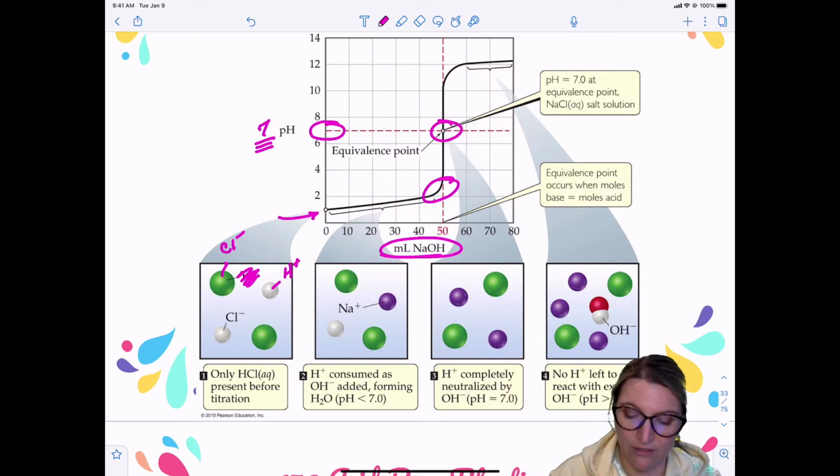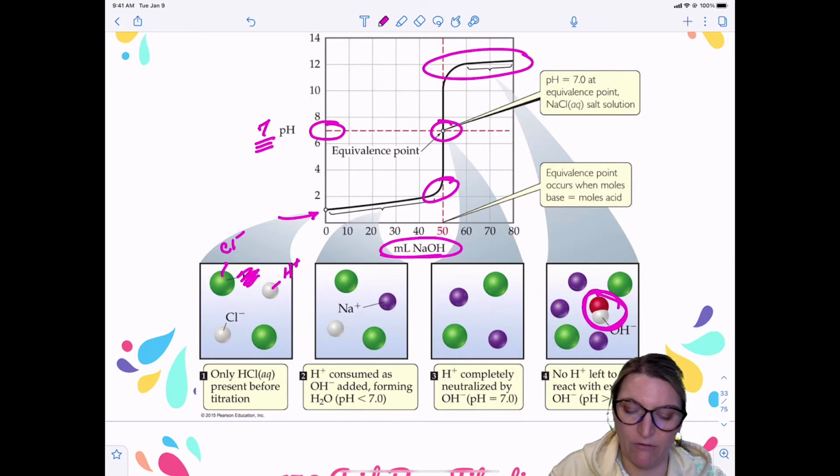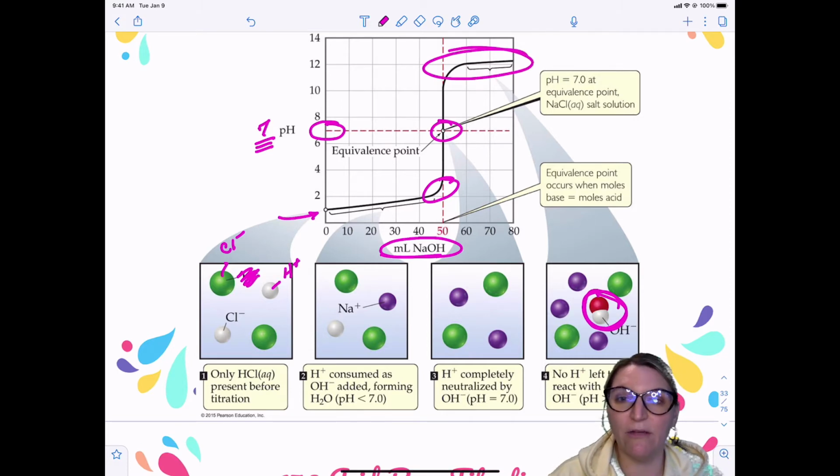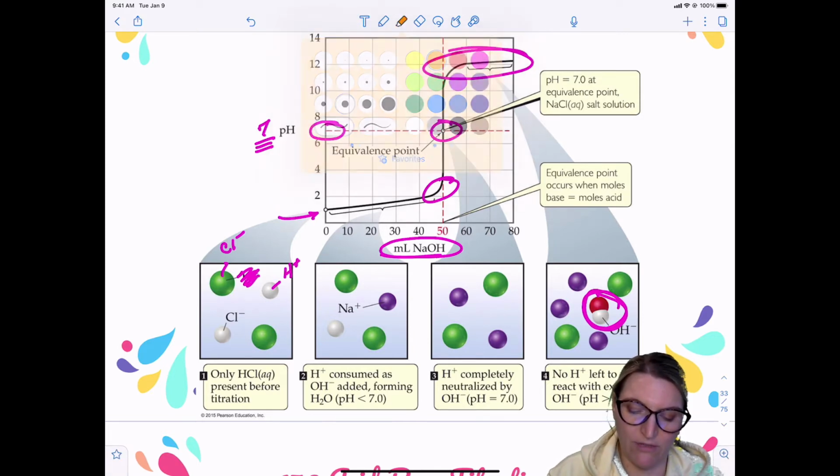Then after we go beyond the equivalence point, we're adding an excess of OH minus. So the pH there is quite basic, and we will see up around 12 or so. The hallmarks of a strong acid, strong base titration are twofold. Number one is the equivalence point being at a pH of 7.